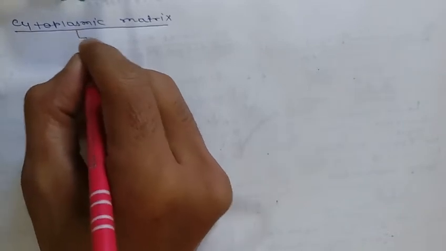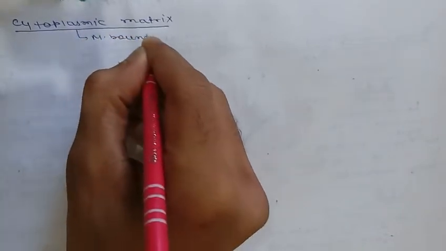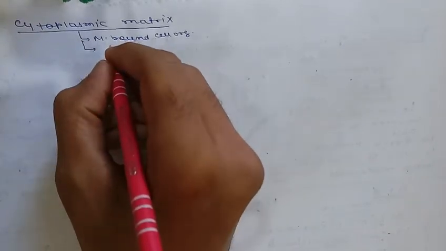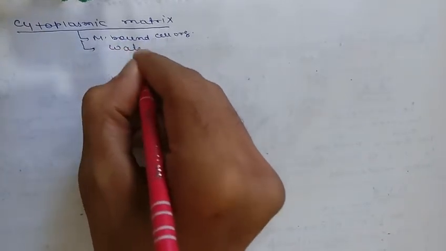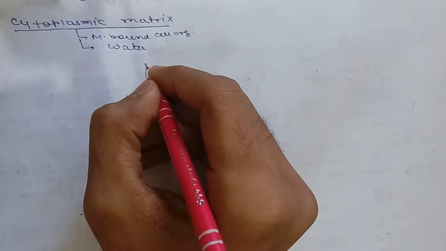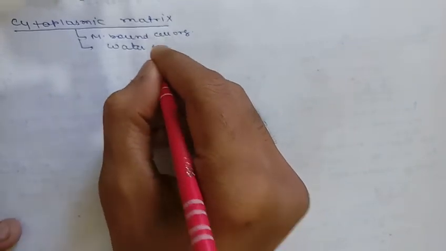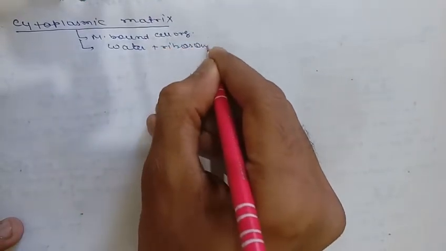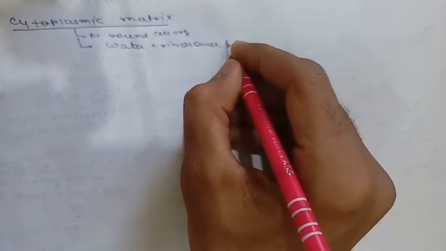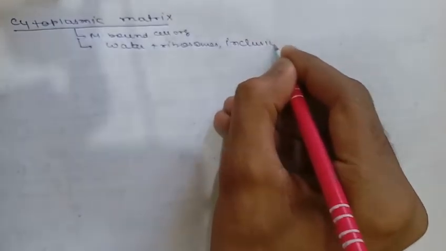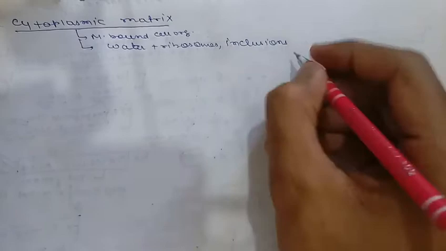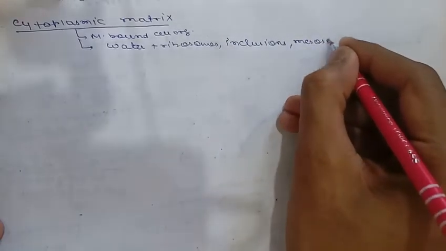Bacterial cytoplasm, unlike that of eukaryotes, lacks membrane-bound cell organelles. You know this. The cytoplasmic matrix is mainly composed of water. About 70% of bacterial mass is water, and it is packed with ribosomes. It has storage granules called inclusions, and cell membrane invaginations called mesosomes.